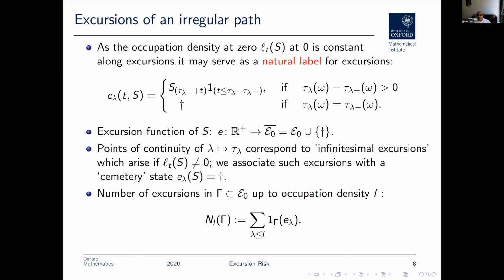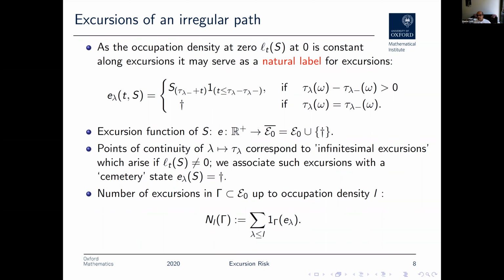But if you have an irregular path which can go through zero infinitely many times in a finite interval, then the excursions may or may not be countable. So we can't just label them in order of arrival because we will run out of indices.